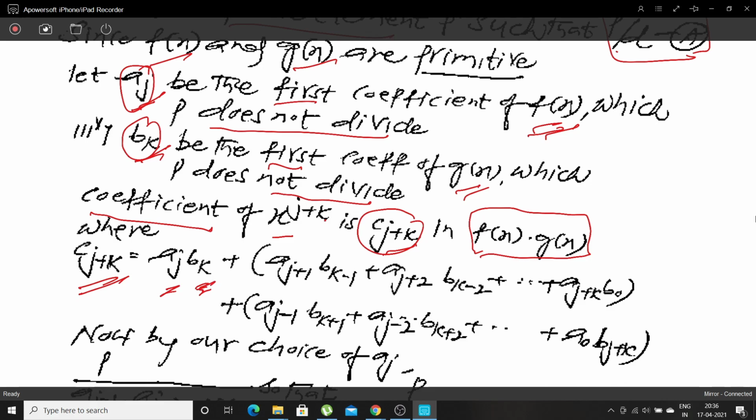Here k, k minus 1, k minus 2, up to b naught. If you multiply these two polynomials, we get terms of this nature.